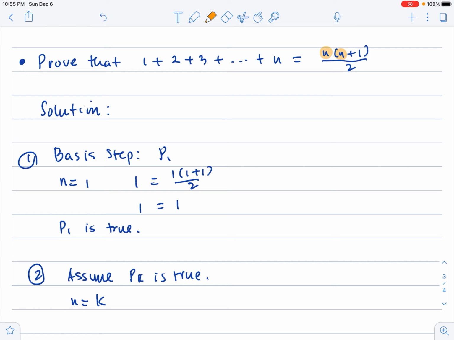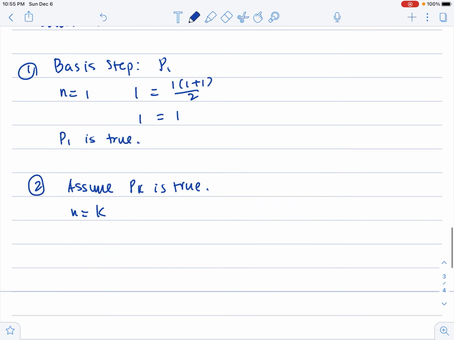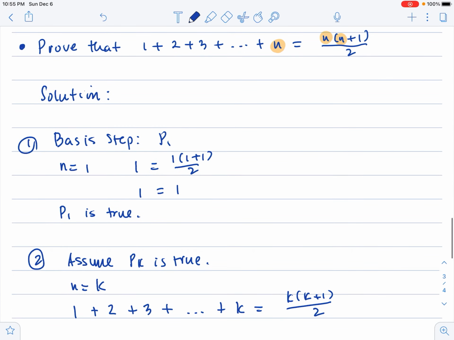Yung n, papalitan natin siya ng k, di ba? So magiging 1 plus 2 plus 3 plus and so on plus k is equal to k times k plus 1 divided by 2. Kita niyo yung pagkakapareho. Pinalitan lang natin yung n ng k, no? Because we let n be equal to k.